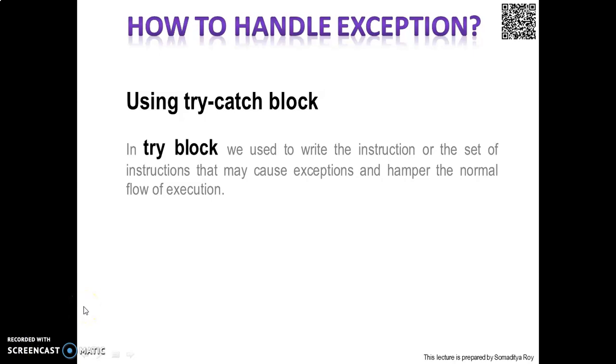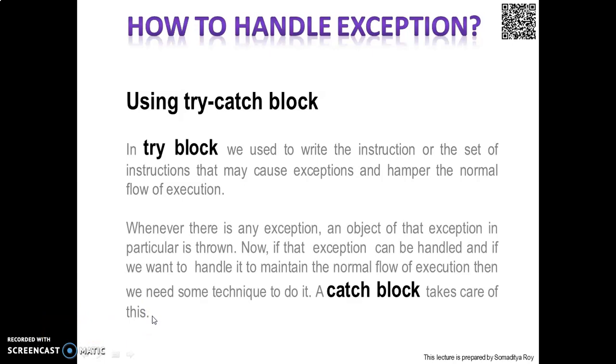The catch block is basically for that. It's like the fielders in the field. If there is an edge and there is a player in the slip, he will be able to catch it. If there is no fielder in the slip, the ball goes to the boundary. So basically, the purpose of the try-catch block is to handle the exception.